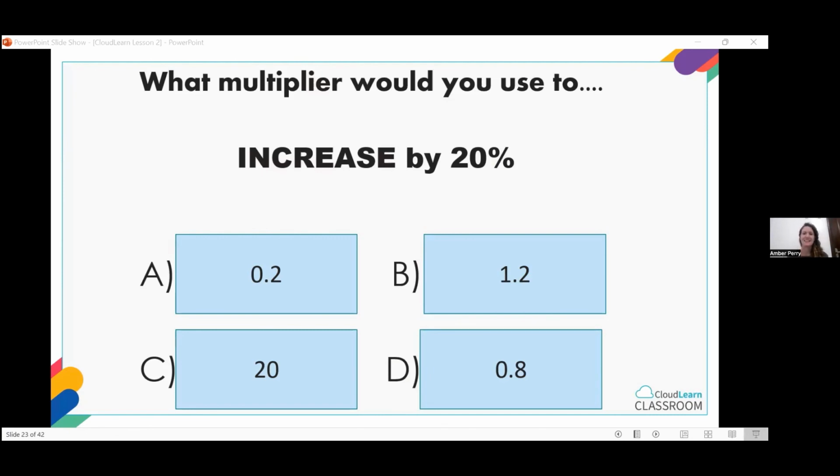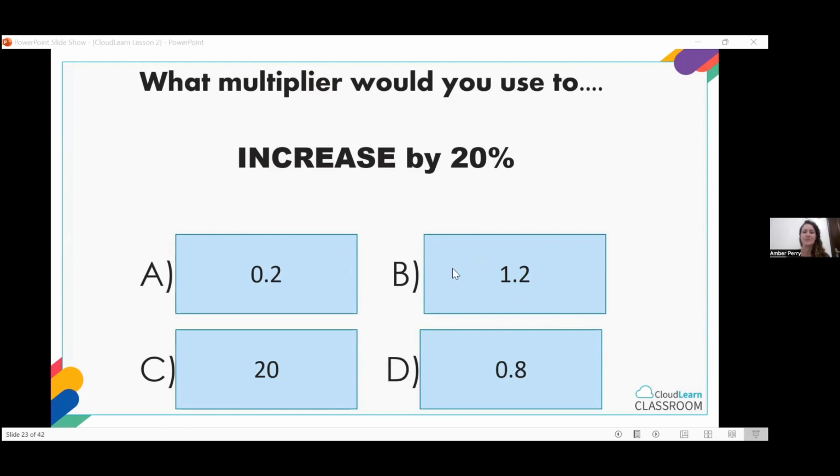Don't forget to increase it. A lot of you have given me the 0.2, but we need to actually add that on to the 1. To increase by 20%, we're going to multiply by 1.2. So for a split answer there, I've got some people giving me 0.2 and some people giving me 1.2.